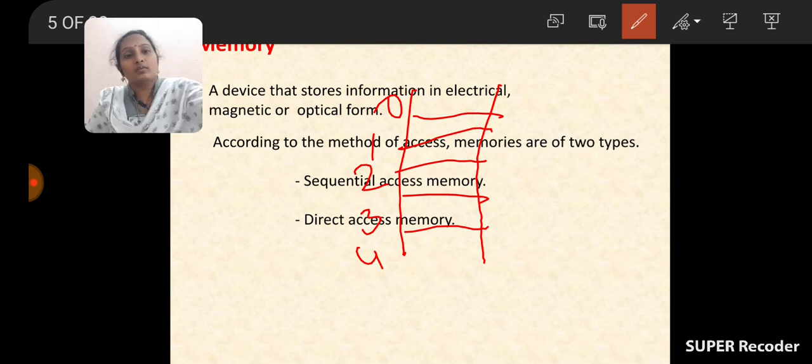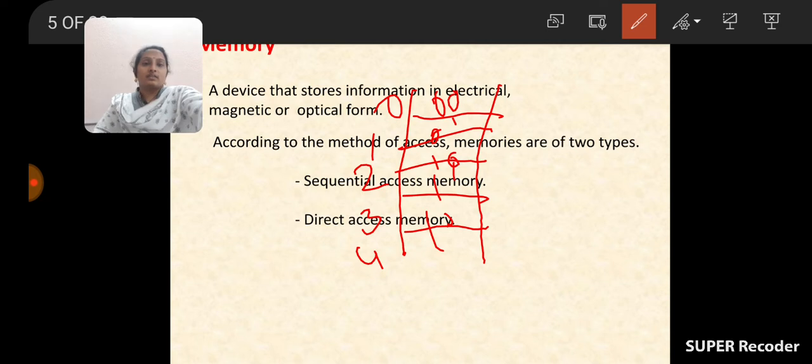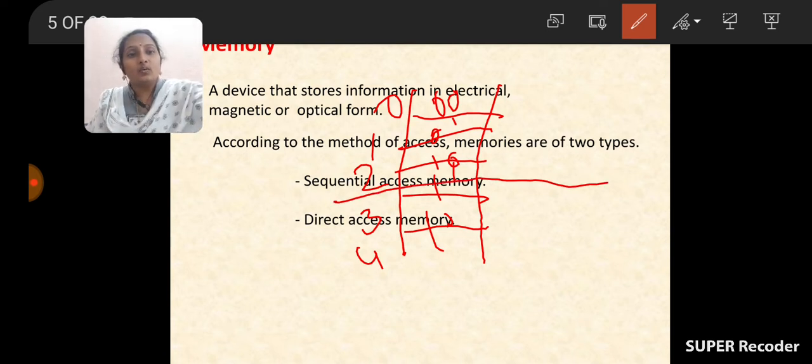If I would like to enter some bits, 0, 0, 0, 1, 1, 0, 1, 1, 1, 0, 0, these bits are stored in registers. Sequential access memory means the accessing of registers must be done sequentially, one by one. That means if I would like to retrieve the data from the second register, only I want the data in the second register.